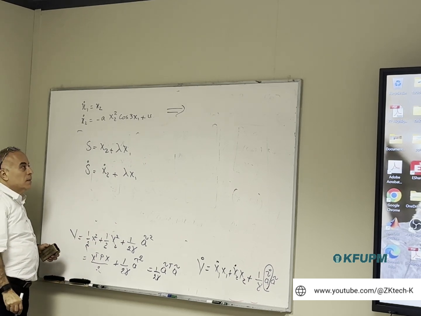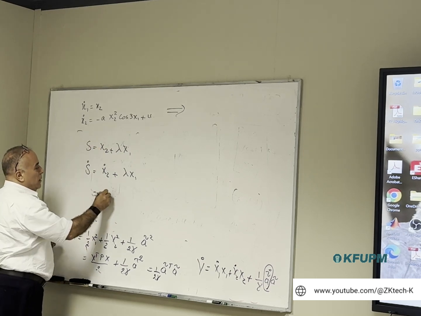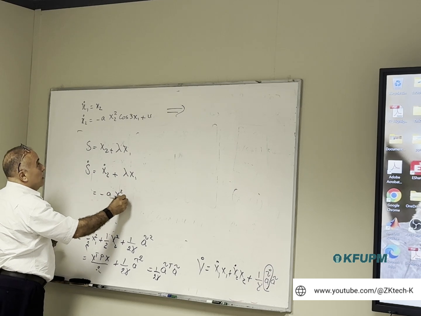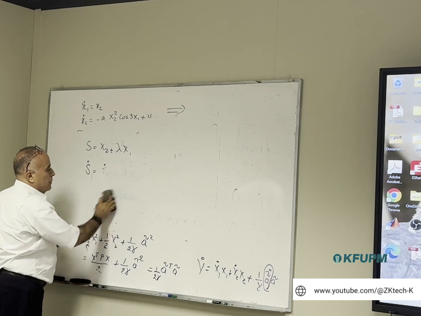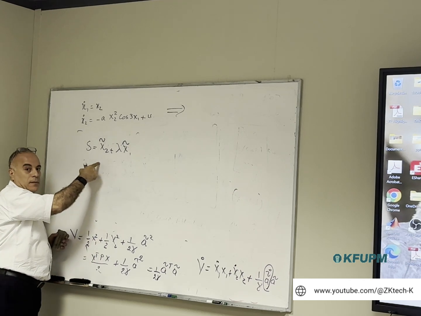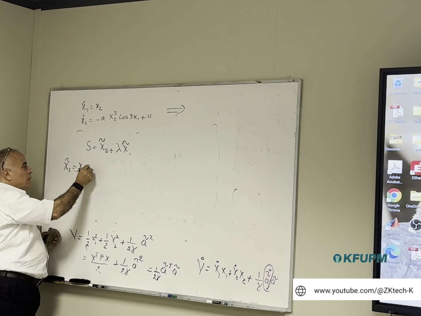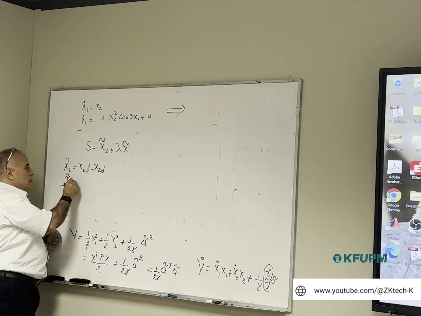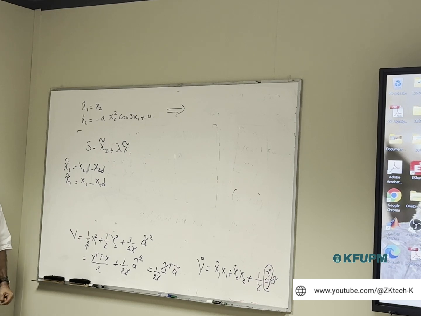And x2 prime is equal to minus a x2 squared cosine of 3x1 plus u. x2 tilde is equal to x2 minus x2 desired, and x1 tilde is equal to x1 minus x1 desired. You agree with me on this?